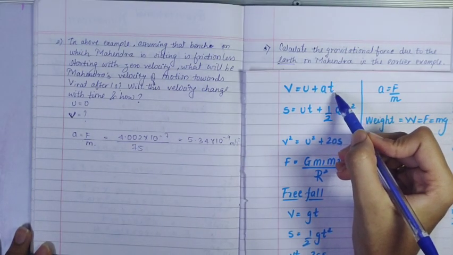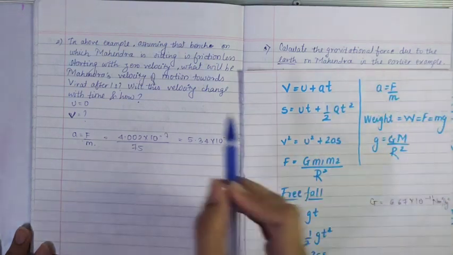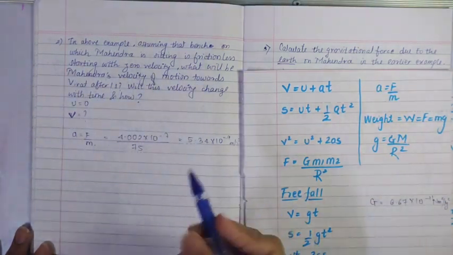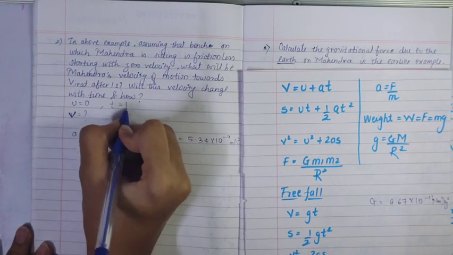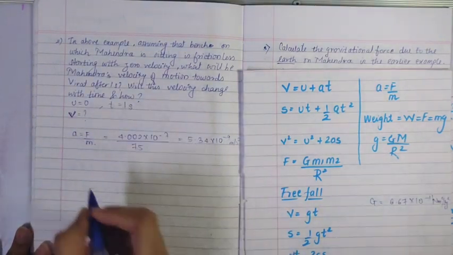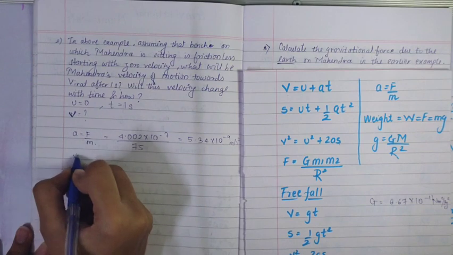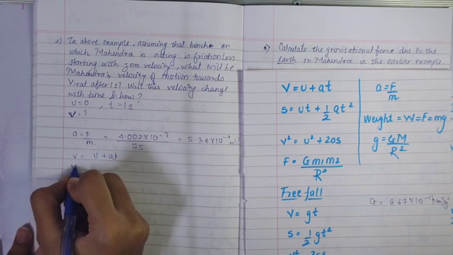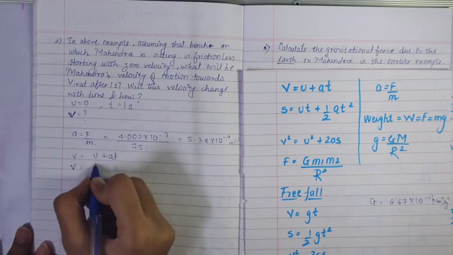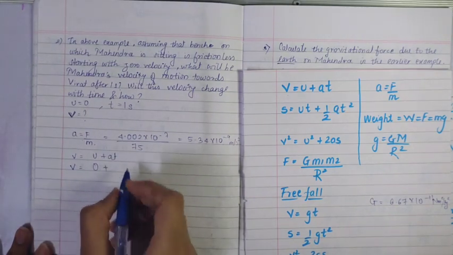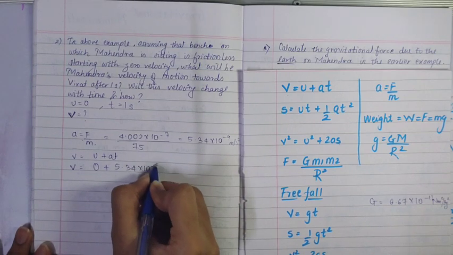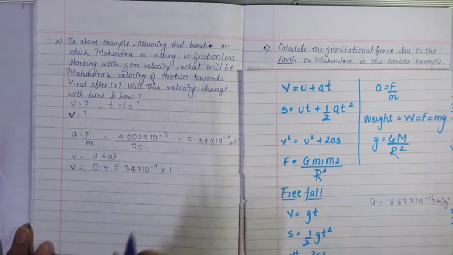Have they given t anywhere in the sum? Yes, they have given it: Mahindra's velocity of motion towards Virat after 1 second. That means t is equal to 1 second. Now what will you do? You will use this formula, v equals u plus at. Now v is equal to initial velocity 0, plus a, which is 5.34 into 10 raised to minus 9, into 1.